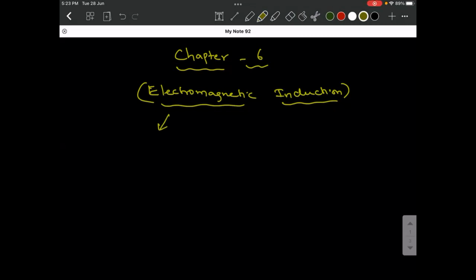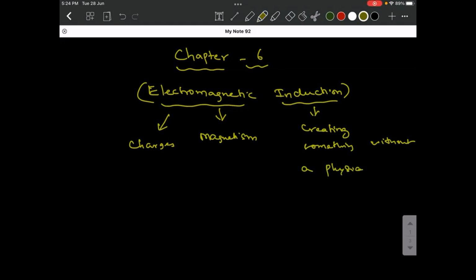Electro refers to charges. Magnetic refers to magnetism. Induction refers to creating something without a physical contact.